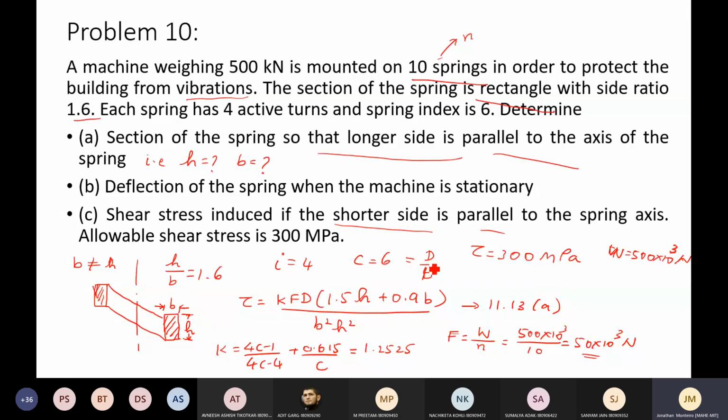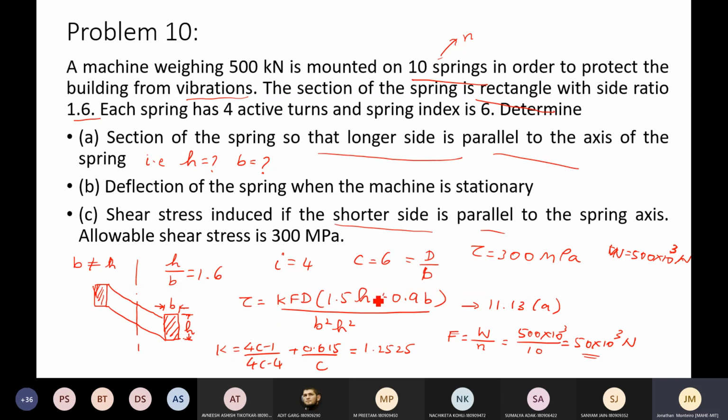So D is 6B, we can write that because C is equal to D by B. This gives us D equal to 6B. H and B are unknown, but you can write one in terms of the other.